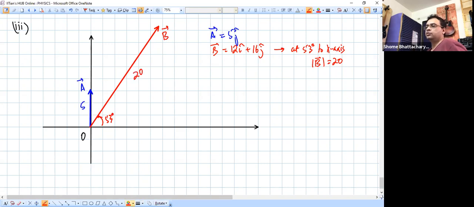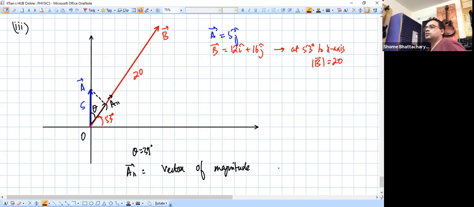Okay. So now we can see what is the angle between A and B. Theta is 37 degrees. So if we drop a perpendicular here, this vector here should be A parallel. So A parallel should be a vector of magnitude A cos 37, so 4, so that's correct.